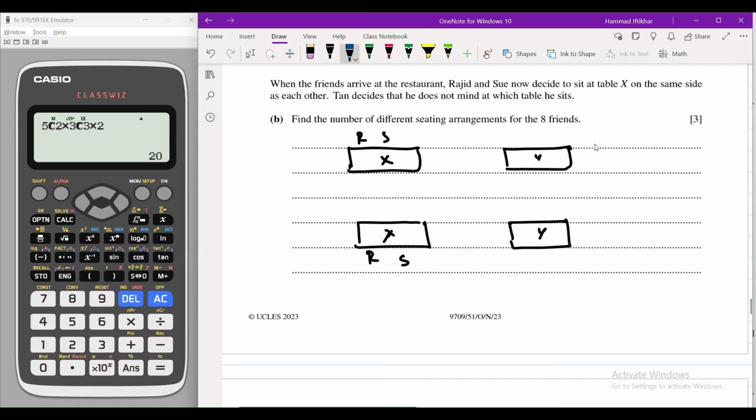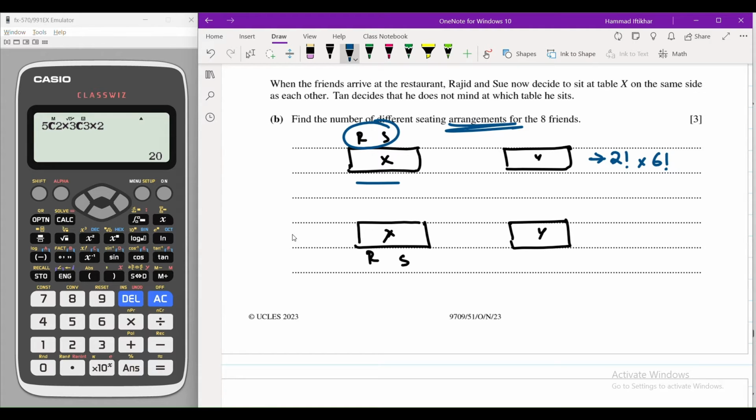They will be identical as we'll see over here. For this one, Rajat and Sue may interchange places, so internally they will have 2 factorial or just 2 possible permutations. Now they're asking for different seating arrangements, so this is a permutation problem. And for the rest of the 6 people, there is no restriction, so the rest of the people can be in any placement.